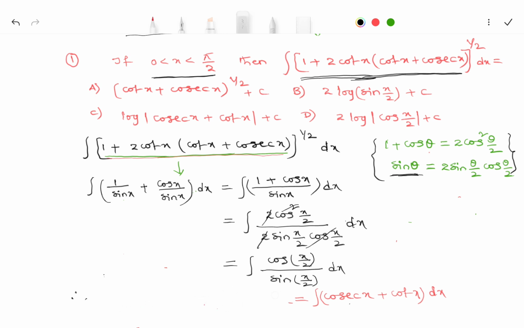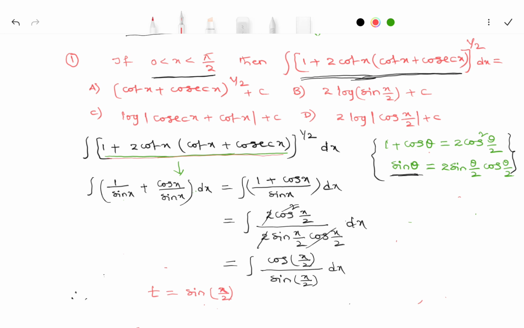Now we use the substitution method. Substitution means you take t equal to sine of x by 2. What is the derivative of t with respect to x?